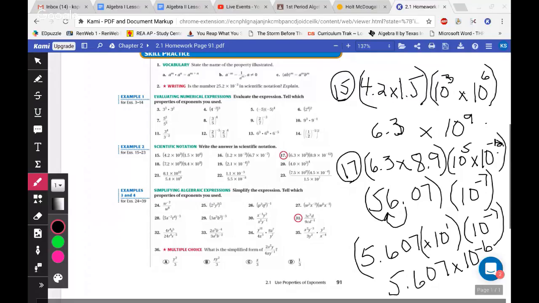As you're writing it down, just to make sure that I clarified why you have to move the decimal over 1 in order for it to be true scientific notation. There can only be one number to the left of the decimal for scientific notation.